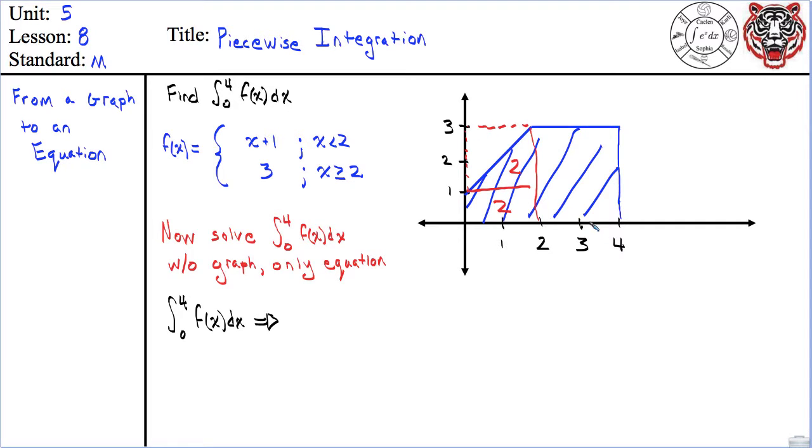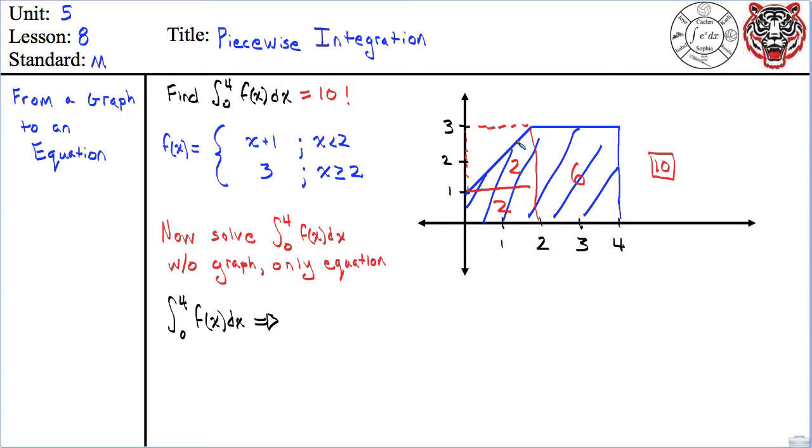And this is going to be a 2 by 3, which is an area of 6. So our final answer is 6 plus 2 plus 2, and that's going to be 10. We got 10 using the graphical method. Perfect, yay, we found that.